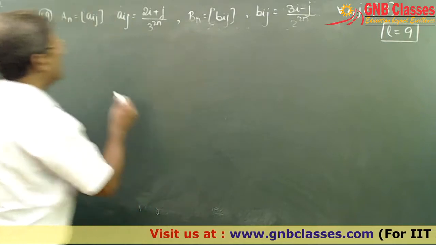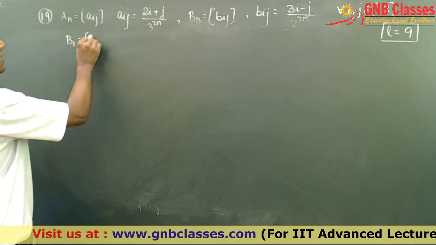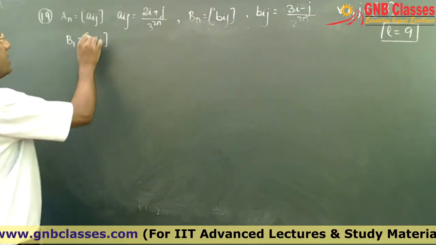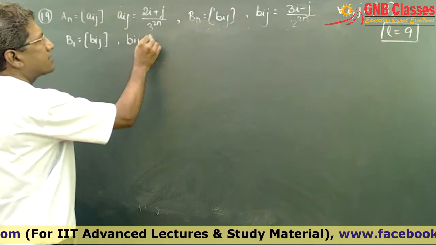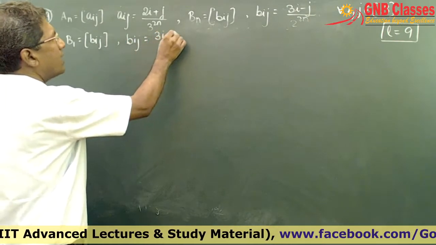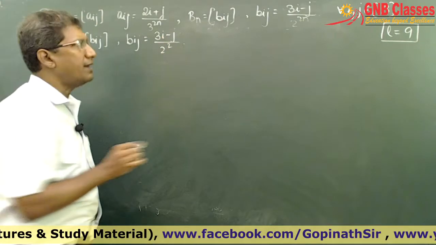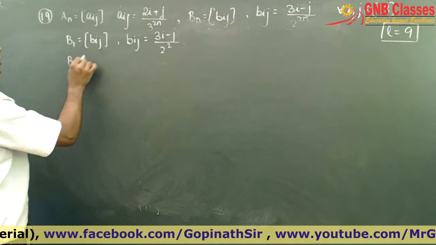Now for the matrix Bn, your B1 is the matrix of elements Bij, where Bij is (3i minus j) divided by 2 square. In place of n, I am writing 1. Now what about your B2?